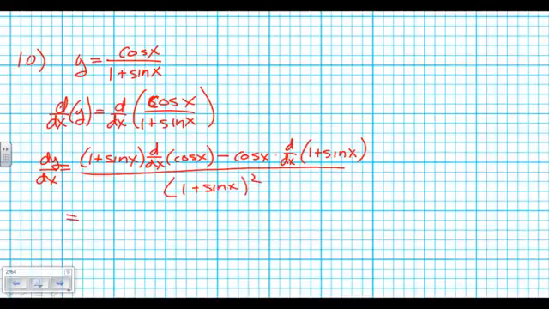Okay, let's go ahead. The derivative of cosine is negative sine. The derivative of 1 plus sine is cosine.